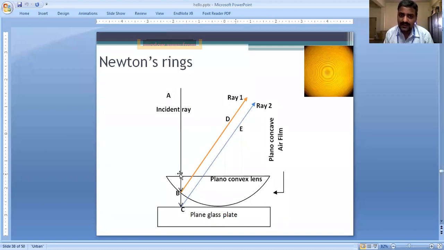So the light ray will be transmitted into the lens, and at point B shown over here, it suffers a reflection as well as refraction. I repeat, at point B, the incident parent light ray is going to suffer a reflection as the brownish light ray, ray 1, and it is going to get transmitted as the ray shown like BC towards point C. So refraction and reflection.